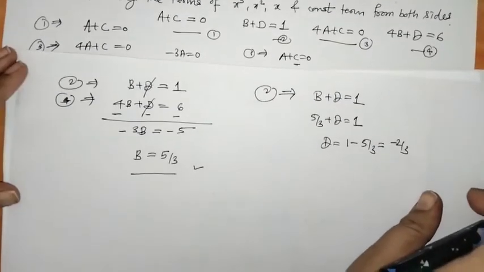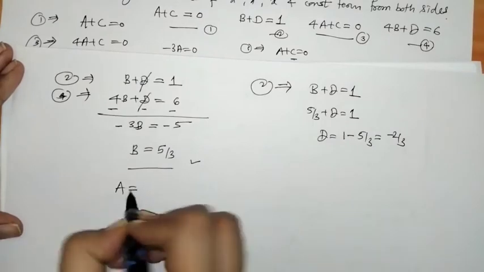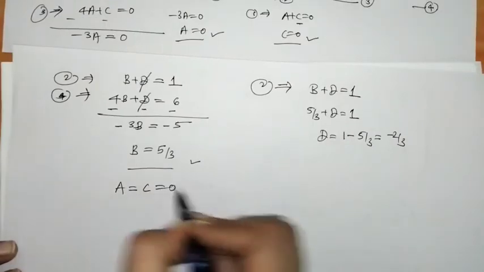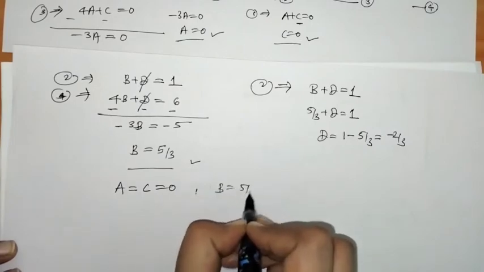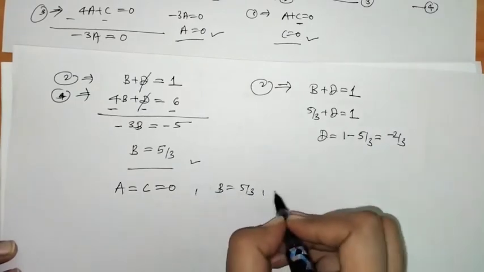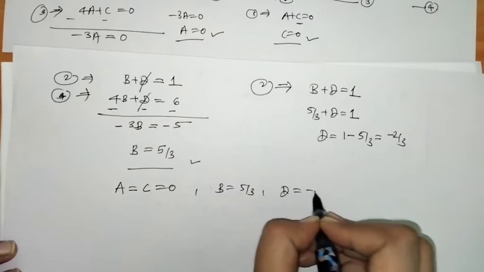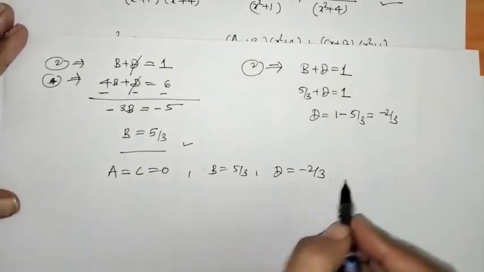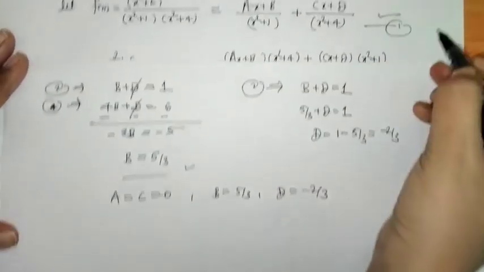So we have found the values of a, b, c, d. We got a and c are equal to 0, b is equal to 5 by 3, and d is equal to minus 2 by 3. Now we have to put the values of these constants in this equation.